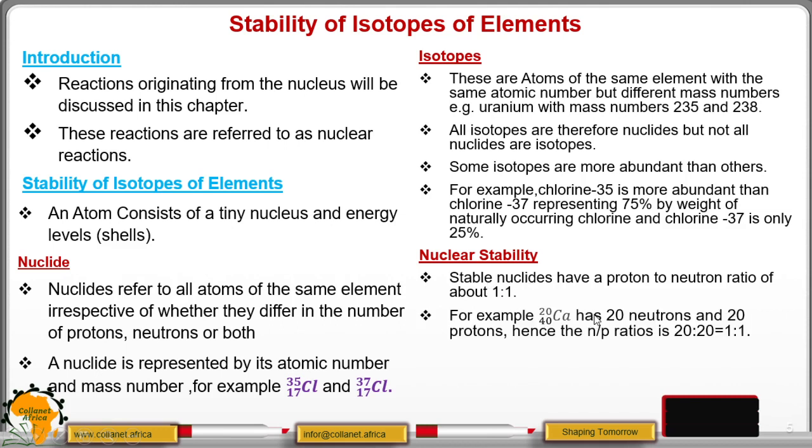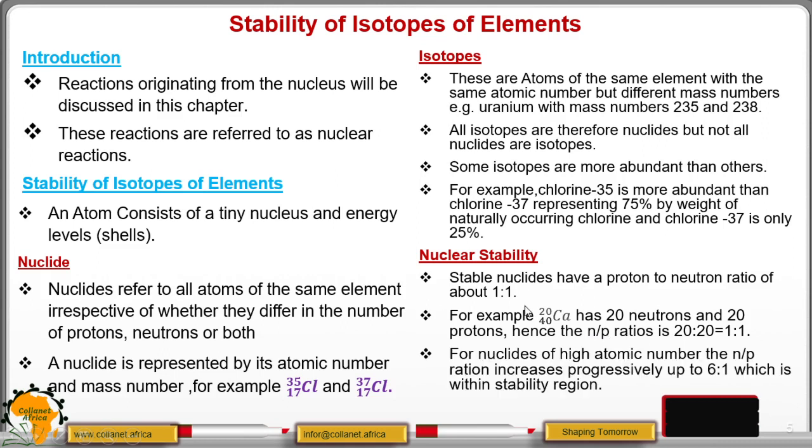For example, we have calcium, which has 20 neutrons and 20 protons. And therefore, the neutron to proton ratio is 1:1. Therefore, calcium is stable. But as the atomic number of an element increases, you will find that that ratio also increases.